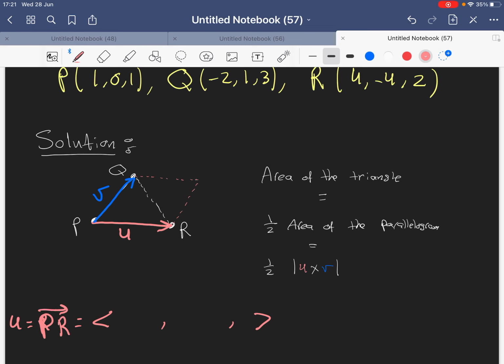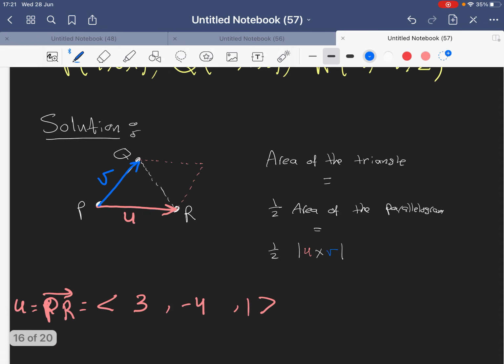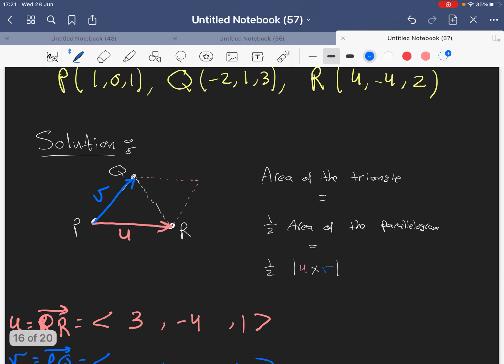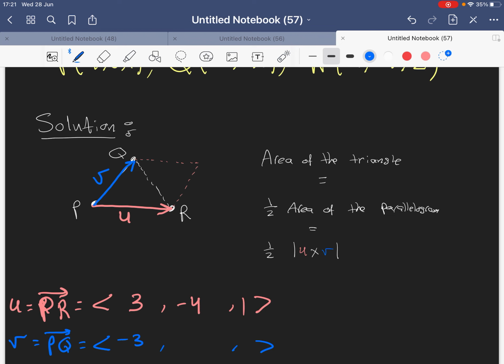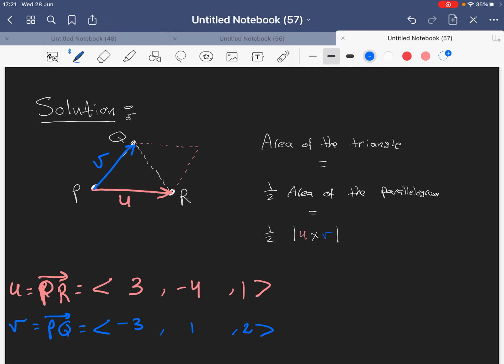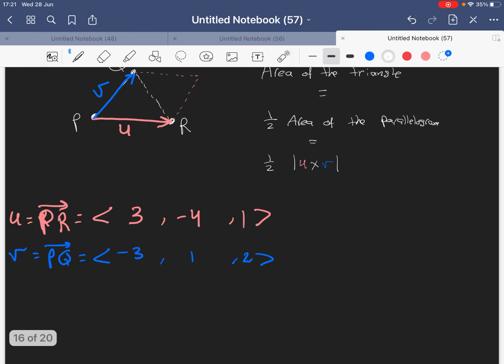So it would be 3, -4, and 1. As for v, it will be PQ, which is -3, 1, 2. That's the first step.